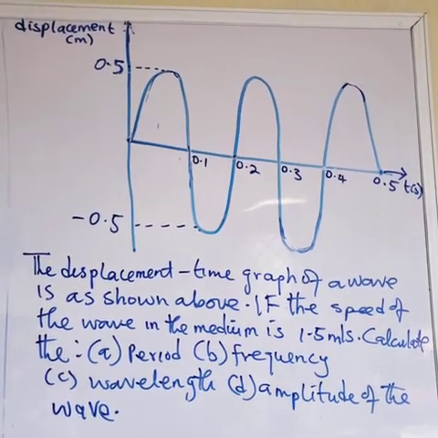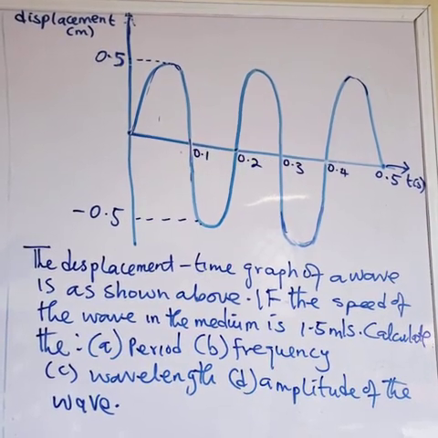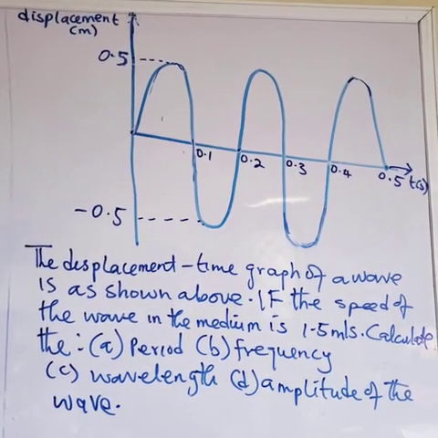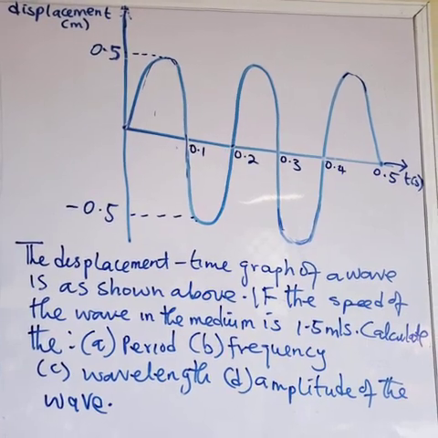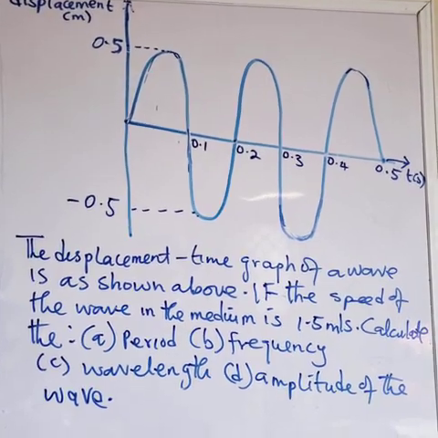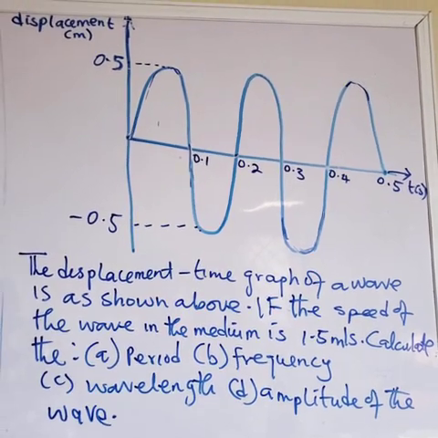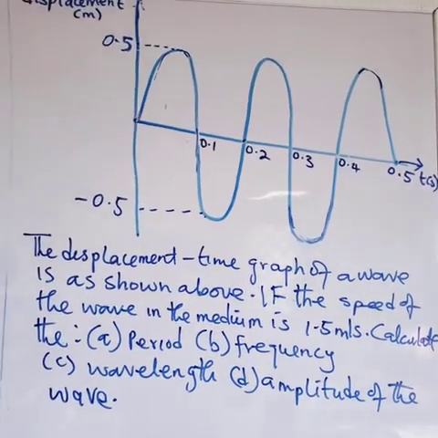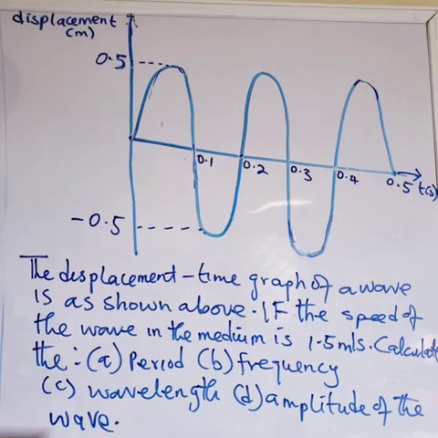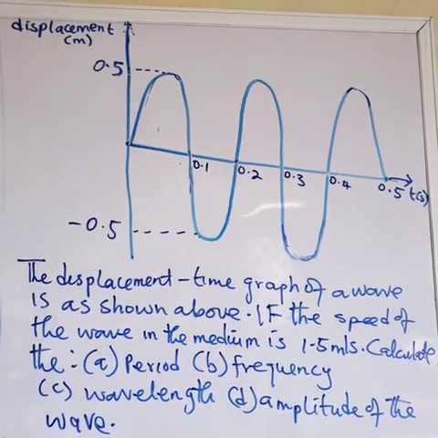If the speed of the wave in the medium is 1.5 meters per second, we are to calculate the first, period, second, frequency, third, wavelength, and fourth, amplitude of the wave. We are going to answer all these questions using information from this graph and the value of the speed of the wave in the medium.